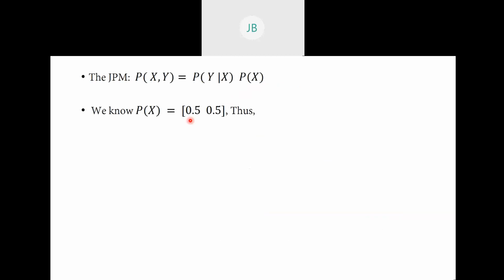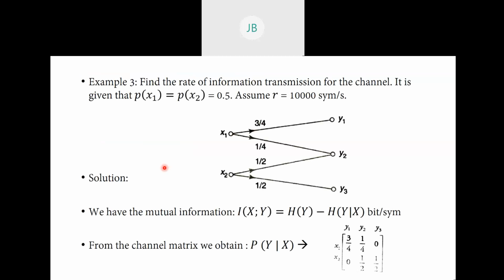When we compute the product of these two matrices, we should get this value, that is the joint probability between X and Y. I can go back and show you here.